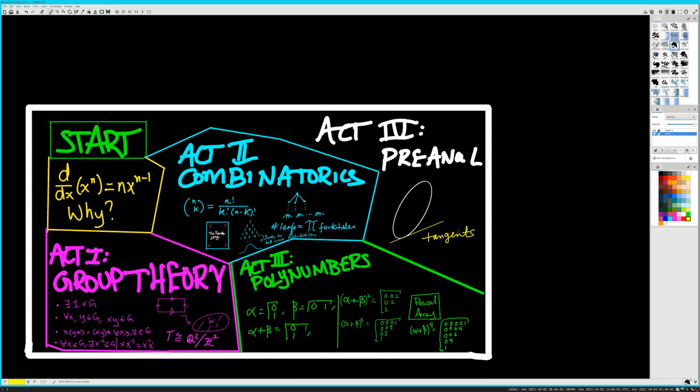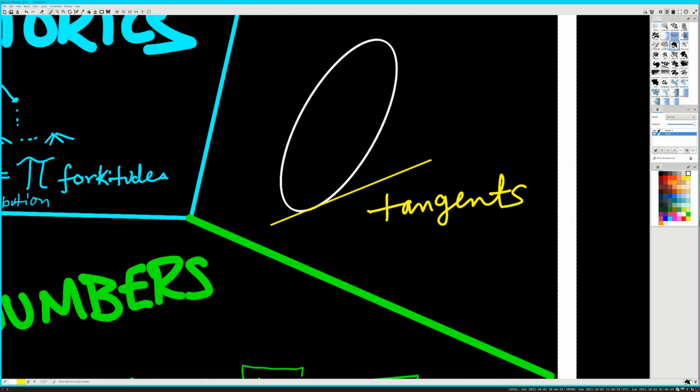This is not great. You know what? This is a good enough thumbnail. Tangents, derivatives, and I'm just going to write the word derivatives because that's fine. Order of precision, derivatives, integrals.